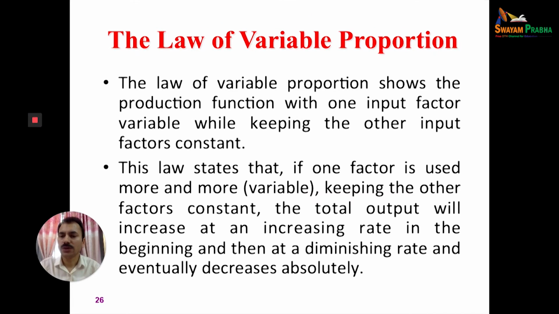Meaning, when we use more and more units of labor or one variable factor, the production will increase at an increasing rate in the beginning stage of production, and after that it will increase at a diminishing rate. It will increase but at a diminishing rate, and finally it will reach the maximum point and start decreasing.